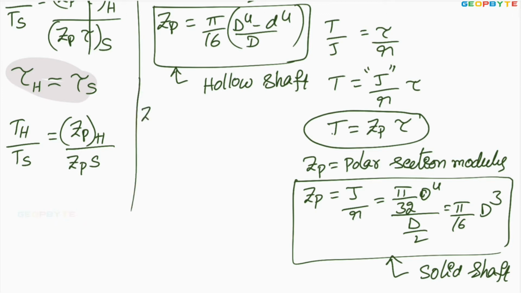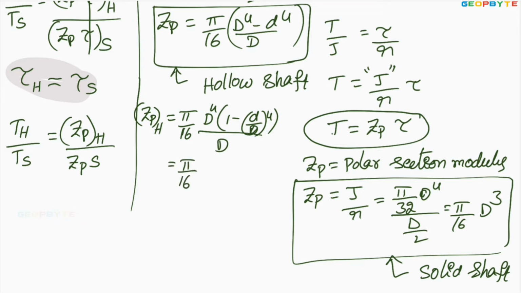Now Z suffix P for the hollow shaft equals pi by 16 into, let us take the capital D power 4 outside, 1 minus small d by capital D power 4, divided by capital D, which can also be written as pi by 16 into D cube into 1 minus small d by capital D power 4.